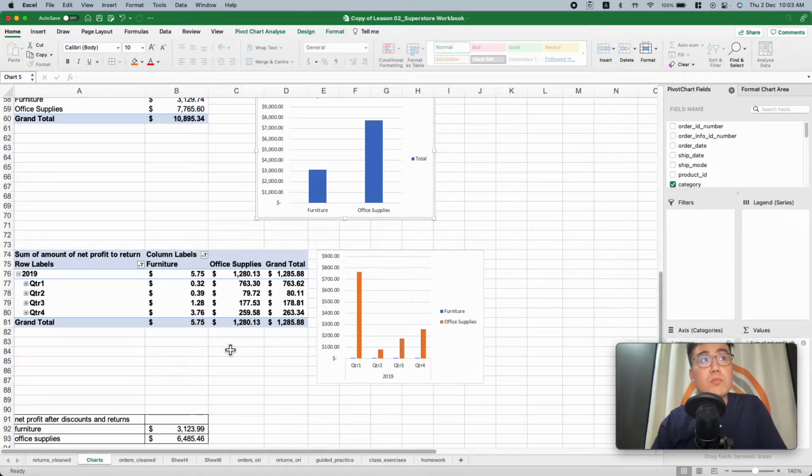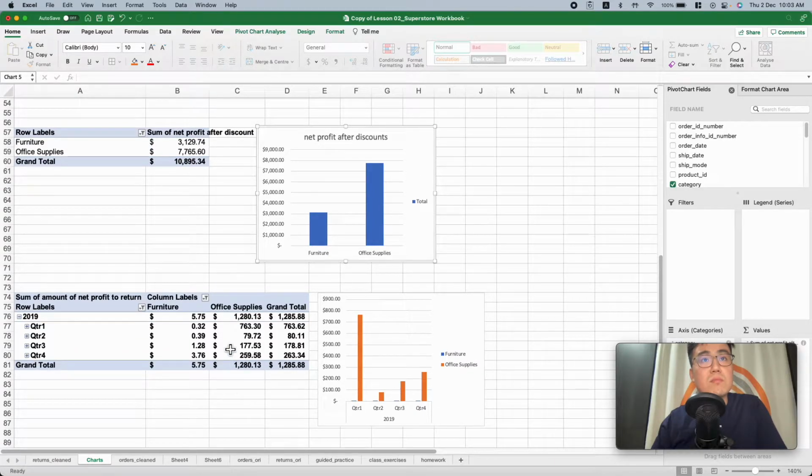So the profit has to deduct the returns, which means that the amount the company takes in as profits has to be returned to the customers depending on the return orders. So these are the amounts that need to be returned to the customers. Hence, they should be deducted from the profits itself.